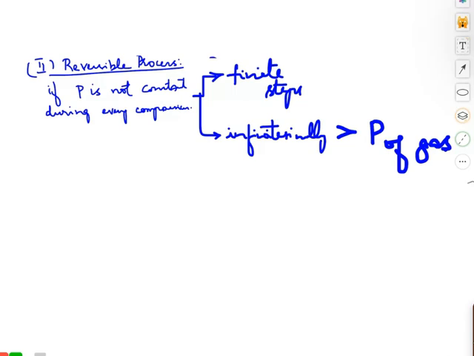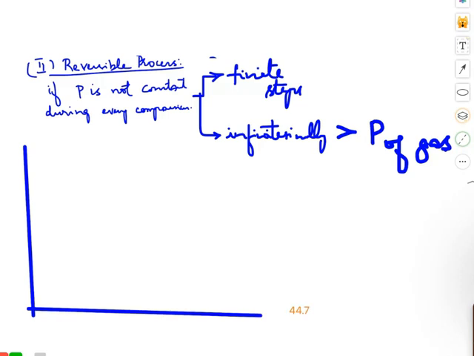So what are the differences between the two things? In the first one, there is a step-by-step decrease in the pressure, and the pressure is greater. More work will be done.